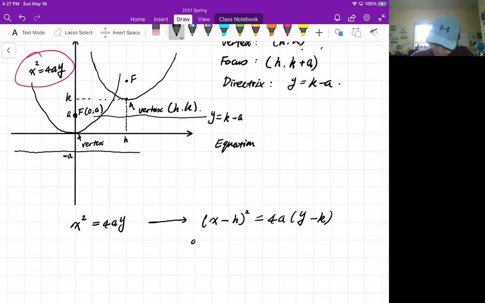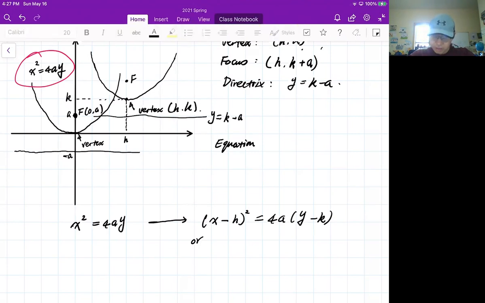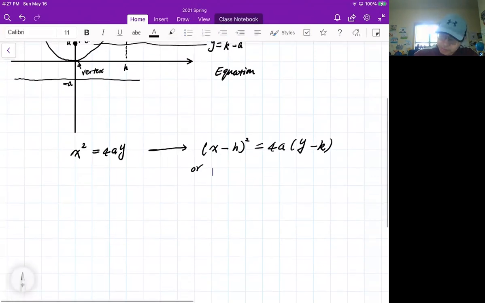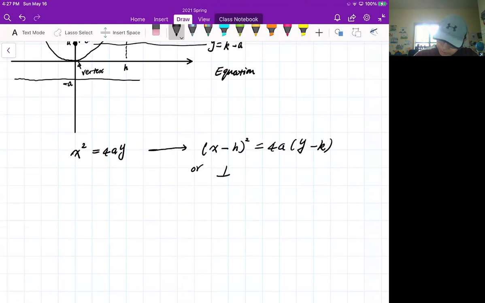Or I can rewrite that. If you want to write in terms of y equals something, you can write this as the following: 1 over 4a times x minus h squared equals y minus k. So you divide both sides by 4a, and then you can write y, let me switch the side, because usually people want to write y on the left-hand side.